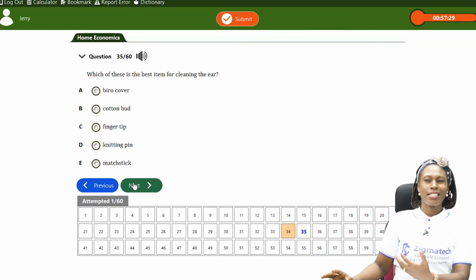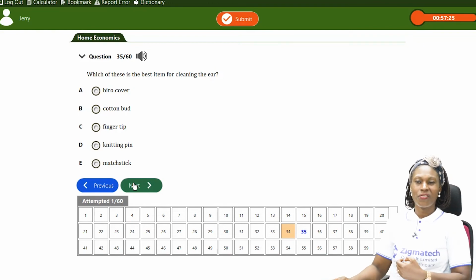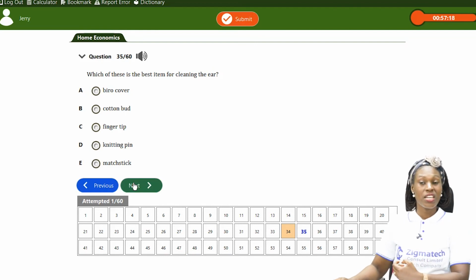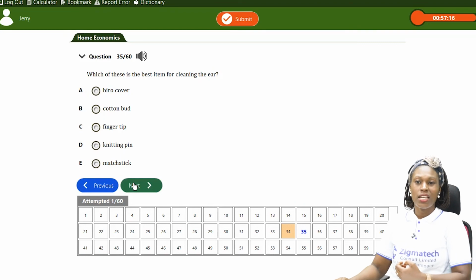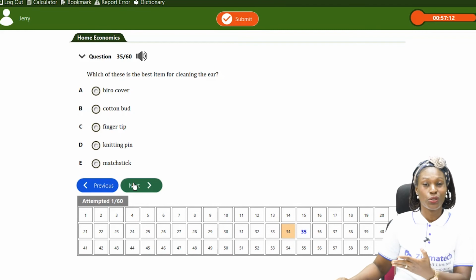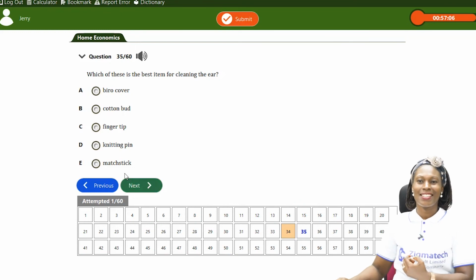Now, which of these is the best item for cleaning the ear? Here we have biro cover, we have cotton bud, we have fingertip, we have knitting pin, we have matchstick. Remember what we talked about. So which of these options should you pick as the best option for cleaning your ears?